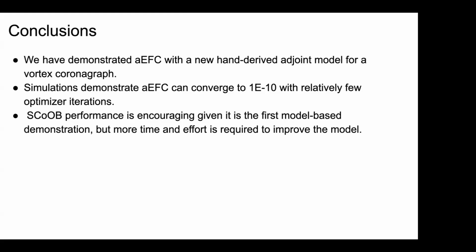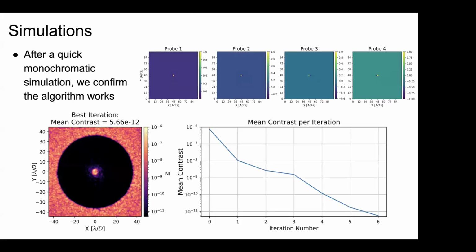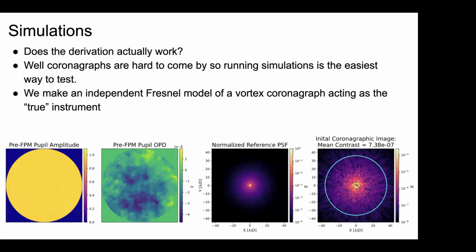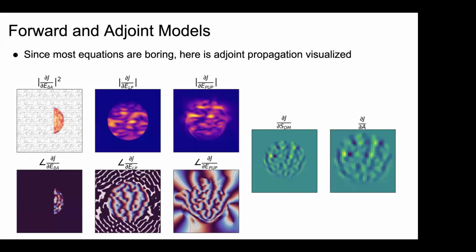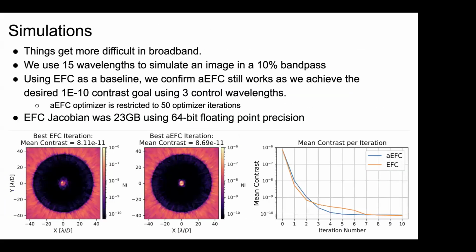Can we go to the first page of the simulation? Why do you have to use 64 bits? Because your contrast ratio is only 10^-11, right?